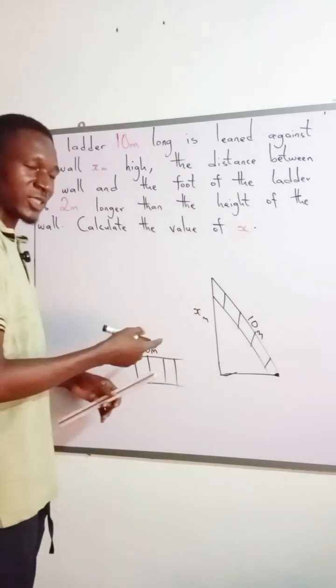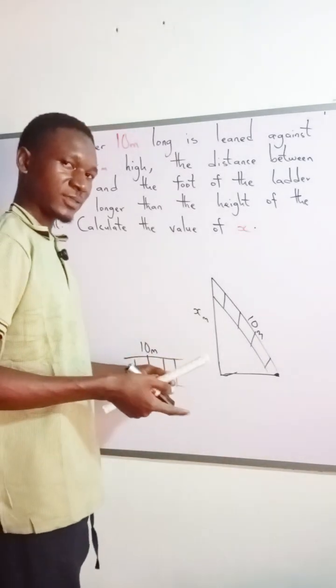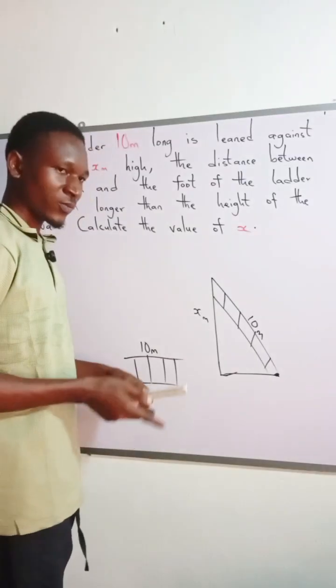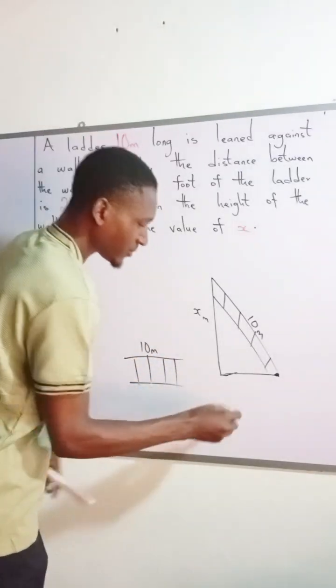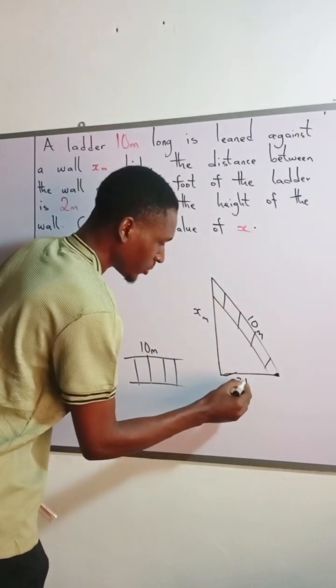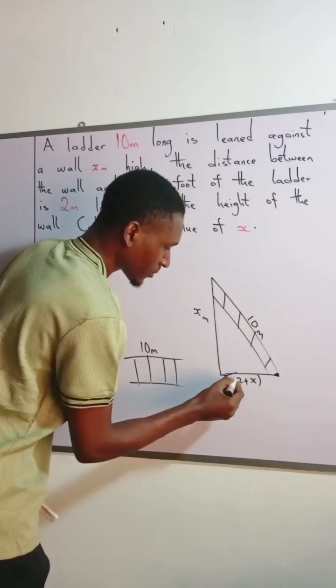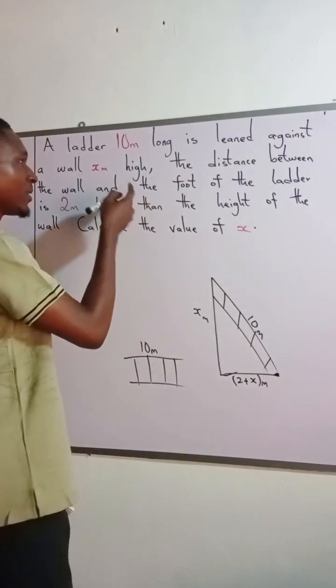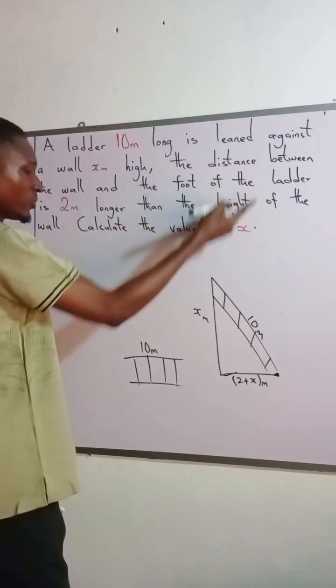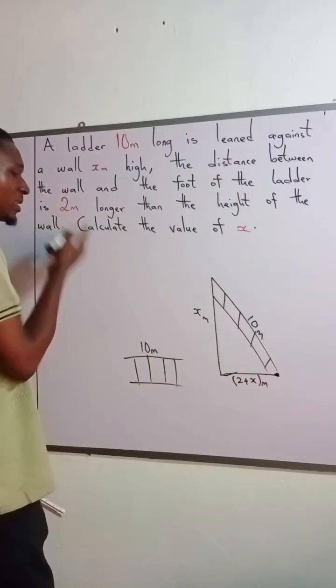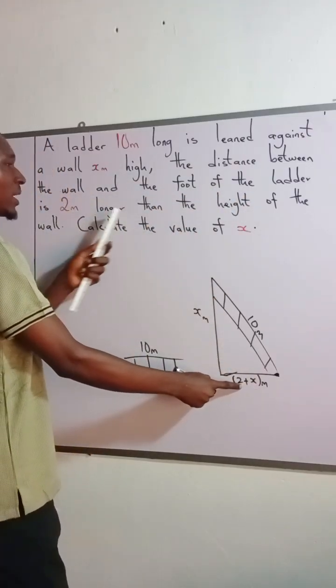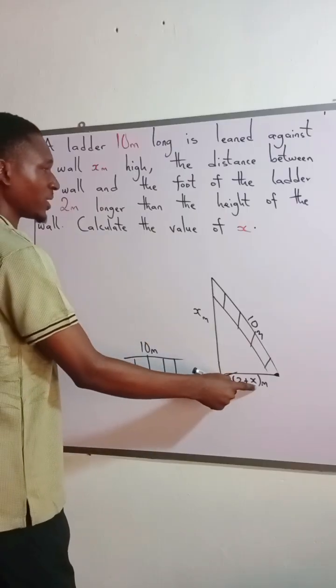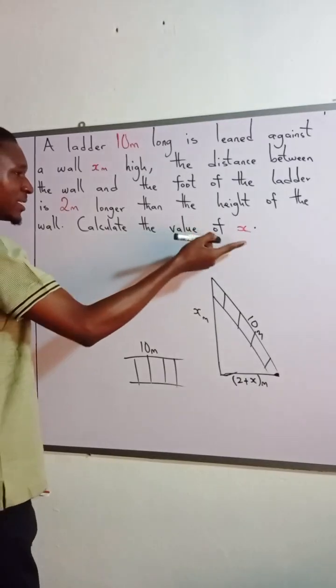You can represent it by saying (2 + x) meters, or 2 meters plus x meters. Like this, 2 + x meters. The distance is 2 meters more than the height, and we have to calculate the value of x.